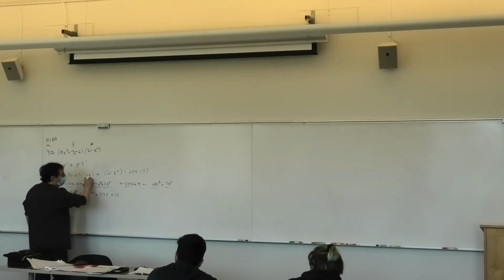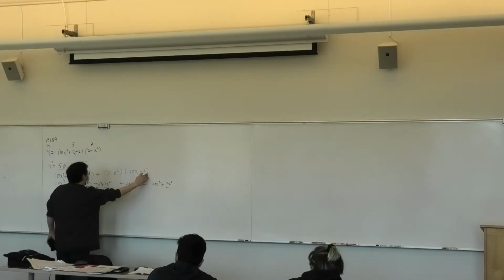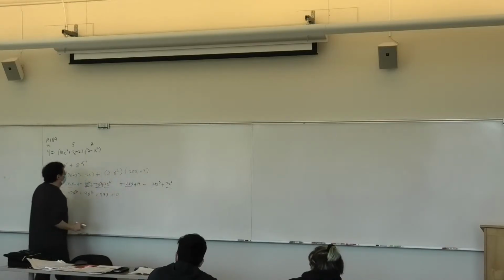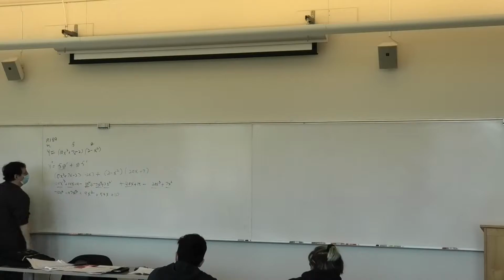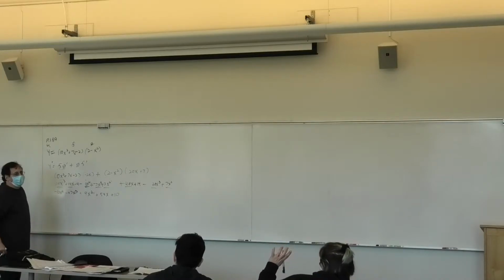This is 0, and this is 14. Oh, did I write 10? I mean 14. 10. Oh, wait a minute. Huh. I'm suspicious. I think I must have made a mistake. See? You do a simple little check and you catch your errors.